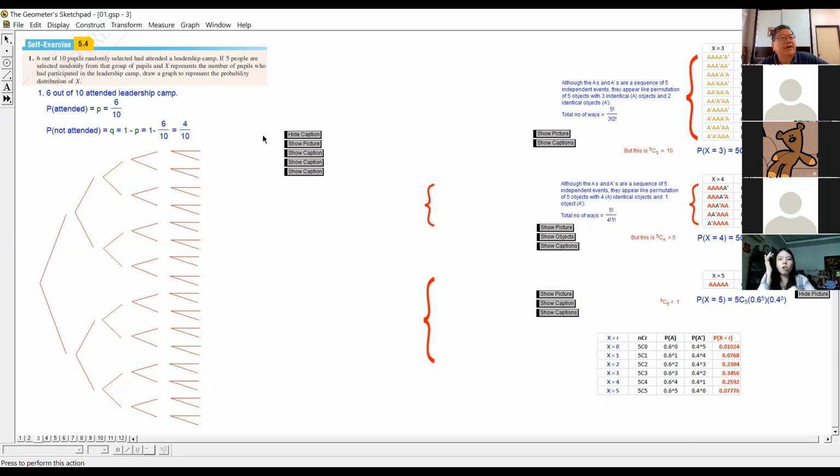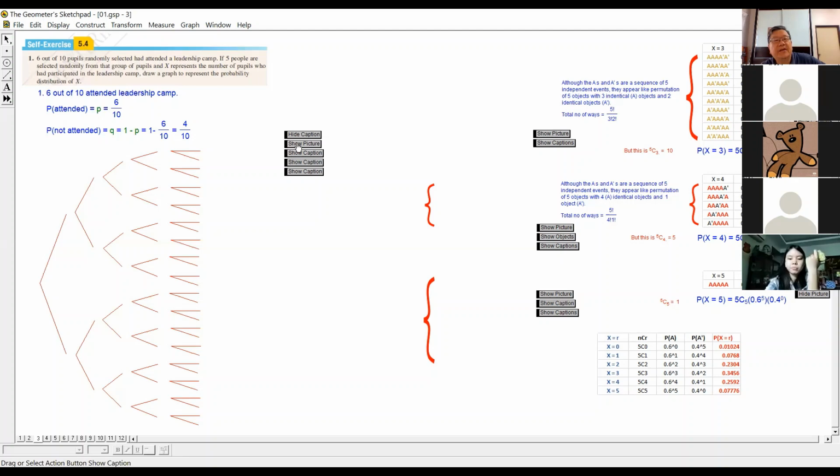Then you must also find the value of Q. If earlier on attended the course, then Q is not attended the course. How to find? You use 1 minus P. So it's 1 minus 6 over 10, 4 over 10. Very good. Number one, the first thing you have identified the value of P and Q.